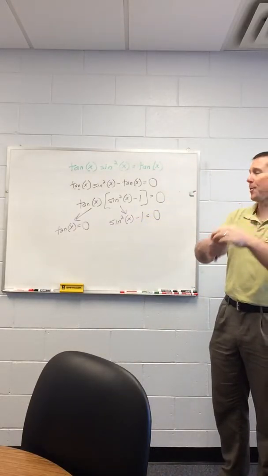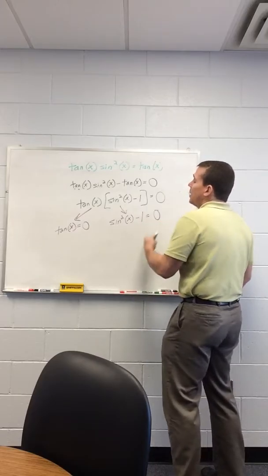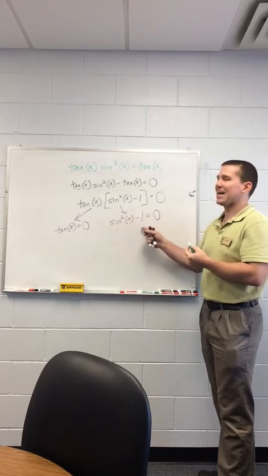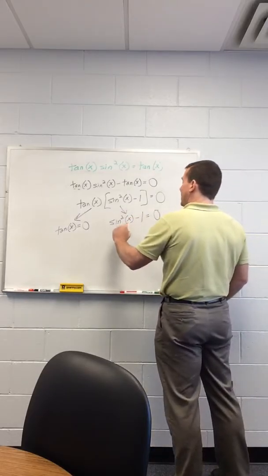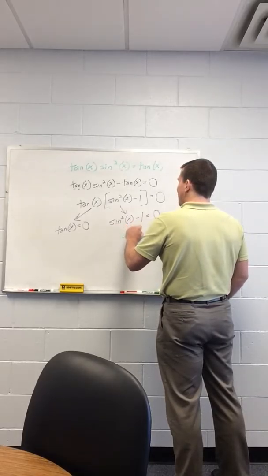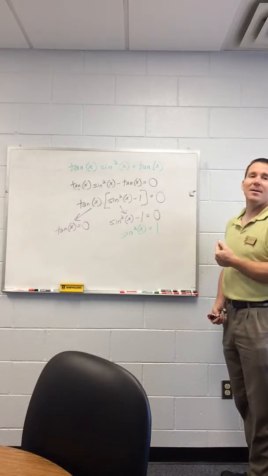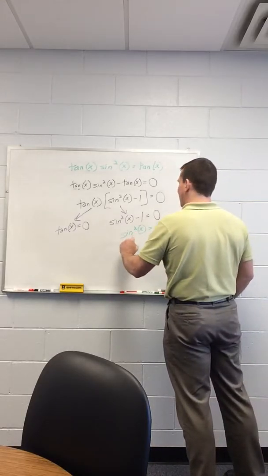And now just solve both of them. We'll start over here since I'm closer to it. There are different ways to do this. If you want, this is actually a difference of squares. Sine x plus 1 times sine x minus 1, you can solve it that way. To maybe make it easier, if I just add the 1, I get sine squared x equals positive 1. And now use the square root property that we know from factoring.